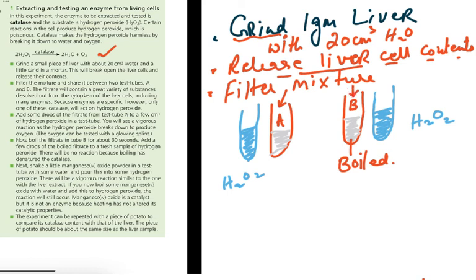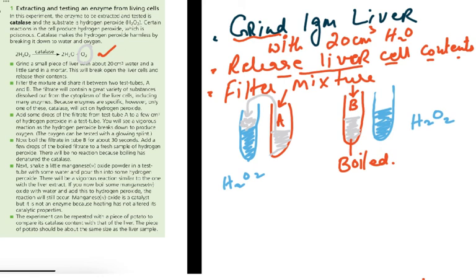And then you take hydrogen peroxide, and you take this filtrate and add it to the hydrogen peroxide, and it will form foam because you are producing oxygen. The oxygen is going to be released. So you grind a small piece with water, then you filter the mixture and share it between two test tubes, A and B. The filtrate will contain a great variety of substances dissolved out from the cytoplasm of the liver cells, including many enzymes.